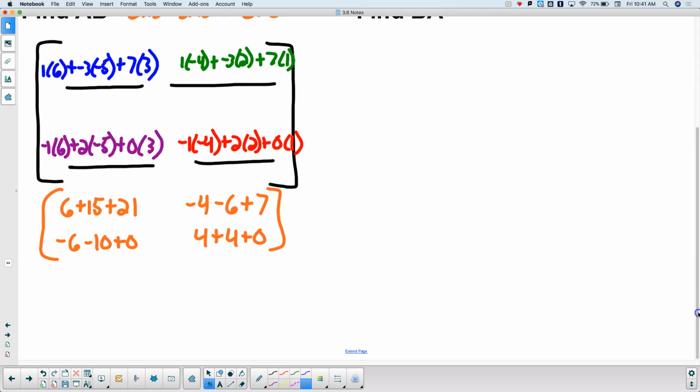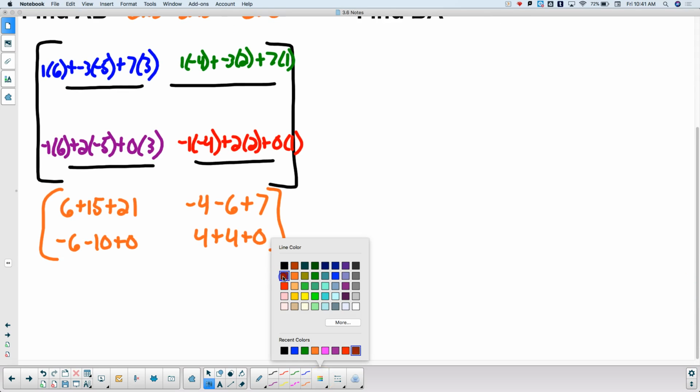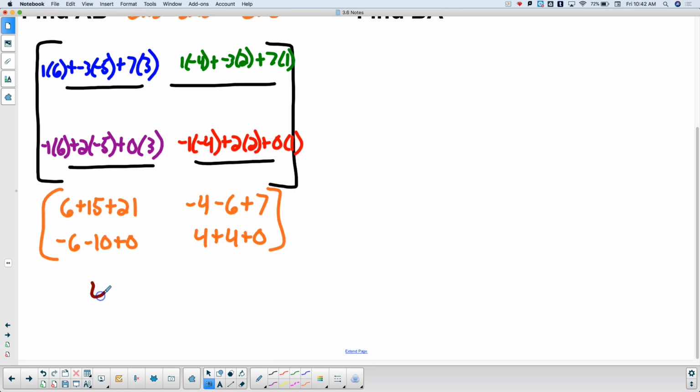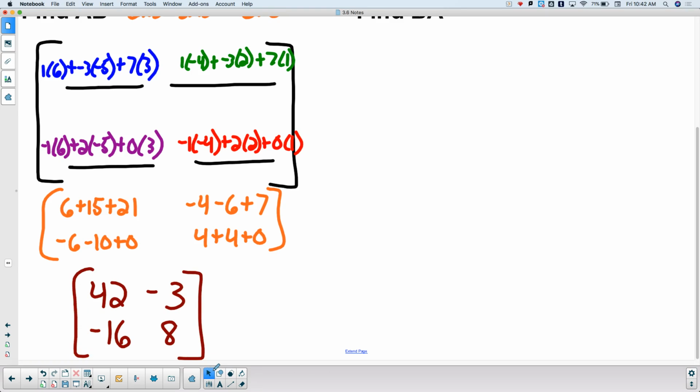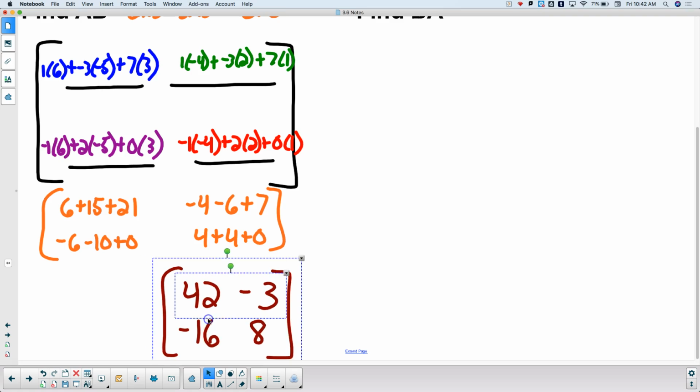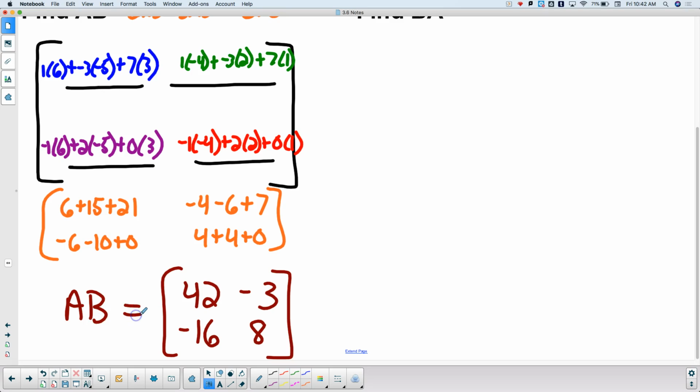Scrolling down even more gives me a 2 by 2 matrix of 42, negative 3, negative 16, and 8. Agree with A times B? Yeah.